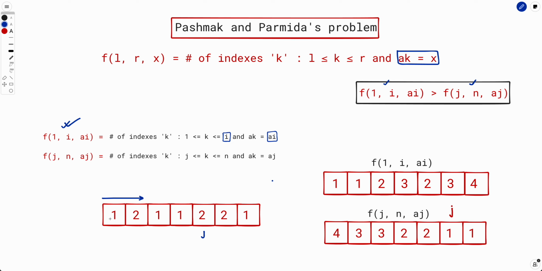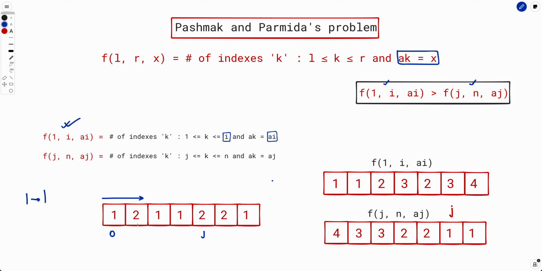For example, let's say we start with 0. Now we got 1, so we increment the frequency of 1 to 1. What is the value of f1iai? It denotes the number of indices to the left, in this range, which are equal to 1. Here it is 1, so the first value is 1, right?